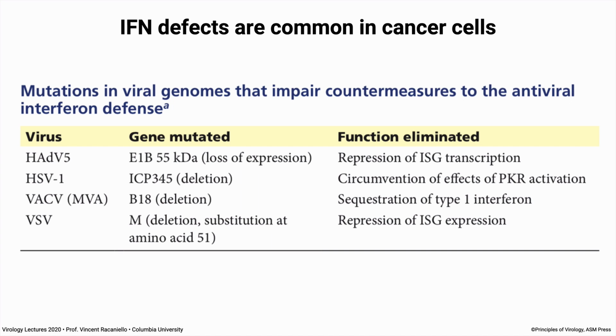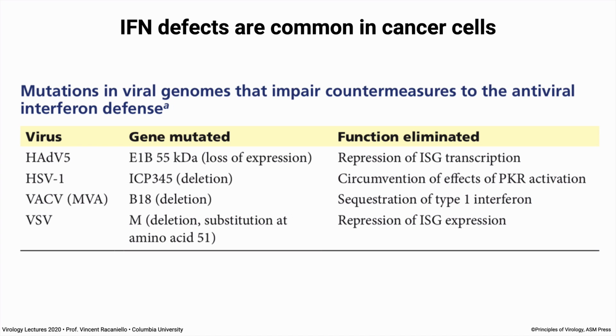In one study, of the 2,000 cancer genomes that have been looked at, many of them encode mutations in JAK1, which is a transducer of type 1 interferon signals. So these mutations in the interferon pathway, of course, let the cancer cells survive immune defenses, but they also make them vulnerable to virus infection, right? So because these cells don't have good interferon defenses, they're susceptible to viruses, and that's really what we're exploiting here.